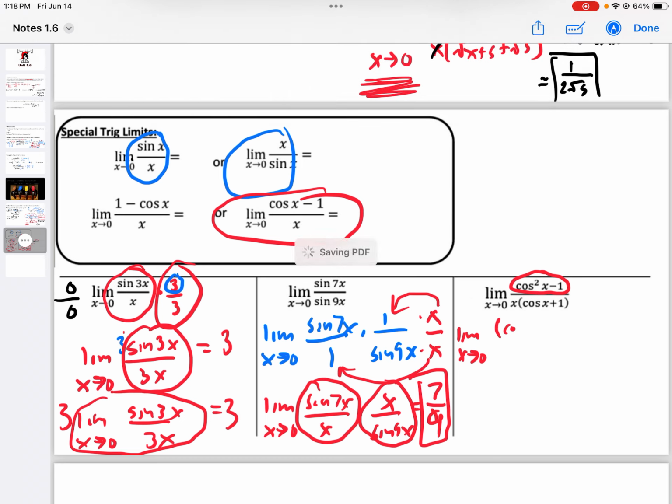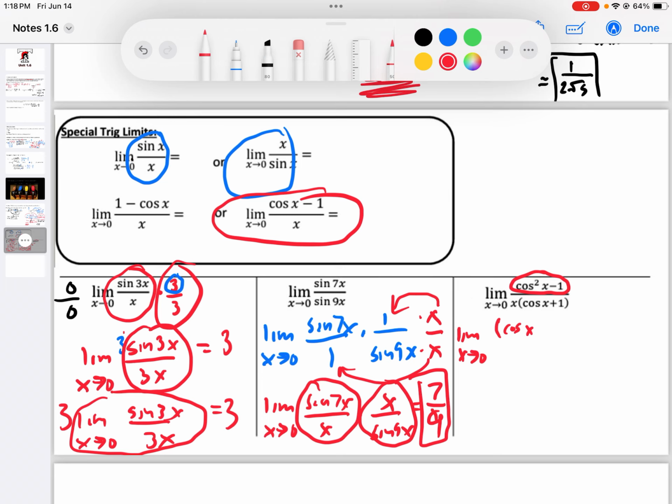I can rewrite that as cosine x plus 1 times cosine x minus 1 on top. In the bottom, just rewrite it. And now I might see that the cosine x plus 1's cancel.